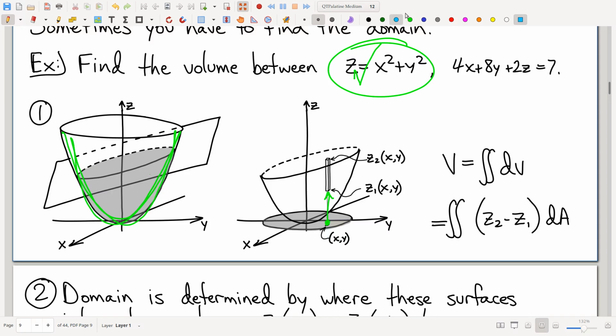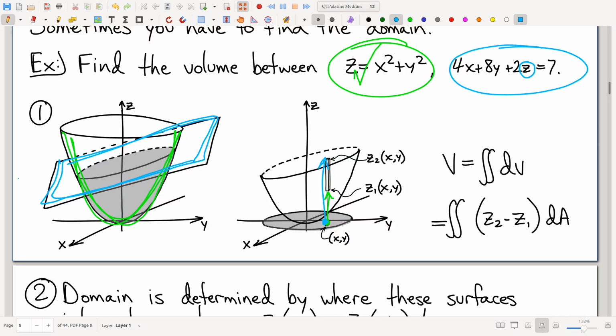And if you look at this, now you'd have to do a little work to solve for z there, no big deal. But at a point such as we were just looking at, you can solve for that z, and that tells you how far you got to go up to get to the other surface. Okay, fine.